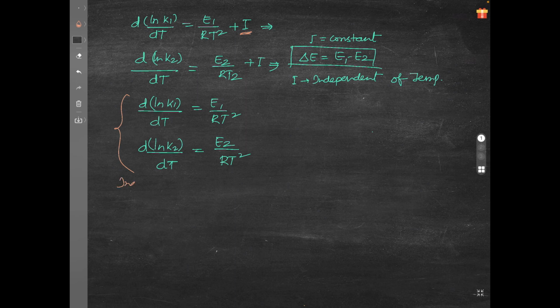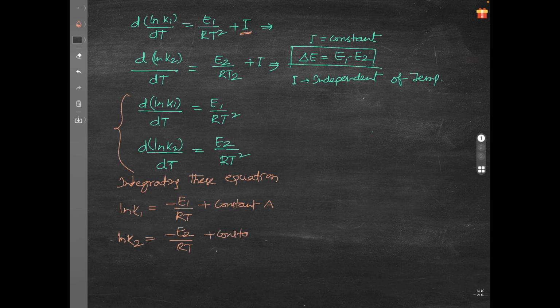Integrating these equations, ln k1 is equal to minus E1 by RT plus constant ln A. Similarly, ln k2 is equal to minus E2 by RT plus constant ln A. Very simple mathematics.